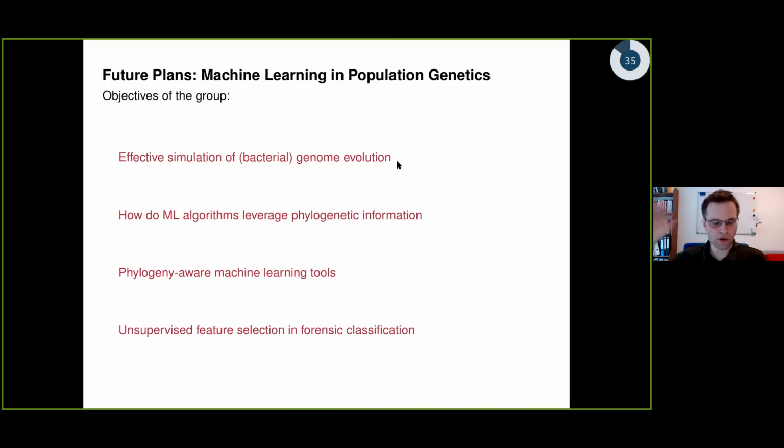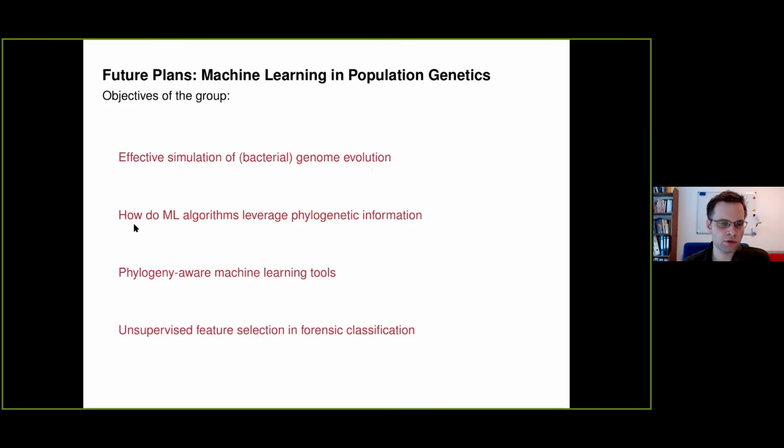Okay, so much for our work in this area. What we're trying to do within the next years is to improve effective simulation of bacterial genome evolution, because so far msprime is mainly focusing on human genome evolution.